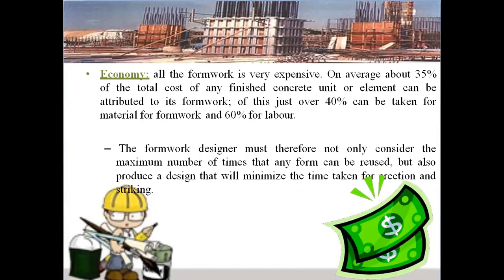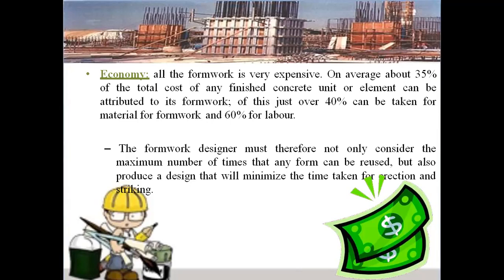The total cost of any finished concrete unit or element can be attributed to its formwork, with 40% for material and 60% for labor, so the formwork designer must not only consider the maximum number of times that any form can be reused, but also produce a design that will minimize the time taken for erection and striking.